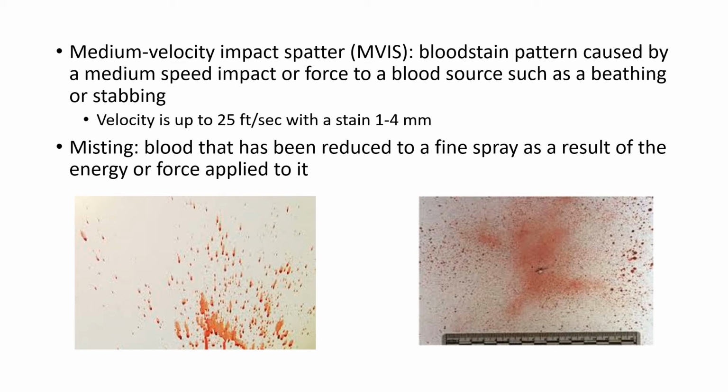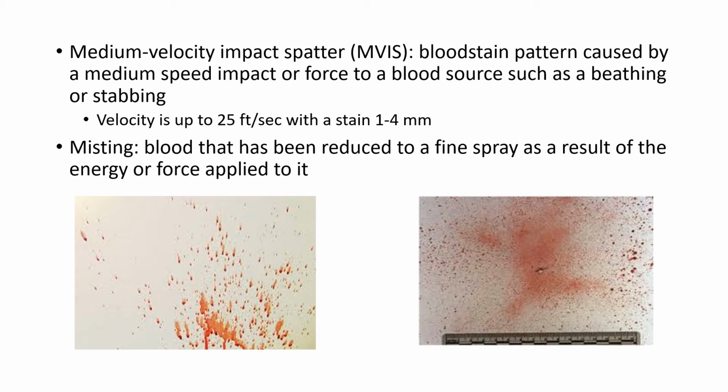So moving a little bit faster, velocity is going to be up to 25 feet per second. These stains are going to be anywhere from that 1 to 4 millimeter range. This is depicted on the left. Notice that these drops are smaller than the low velocity, but larger than high velocity. And there's also an amount that's in between.